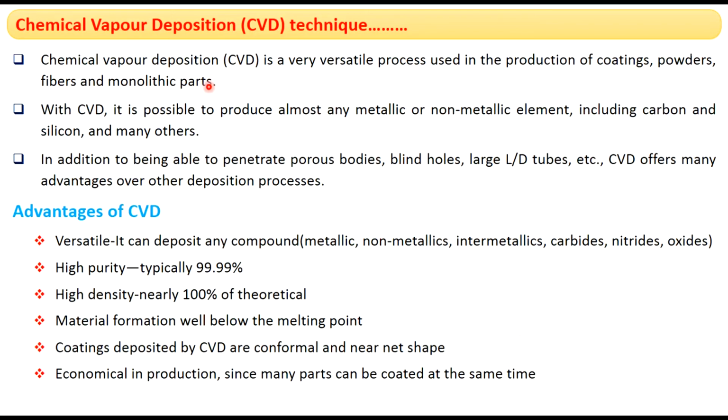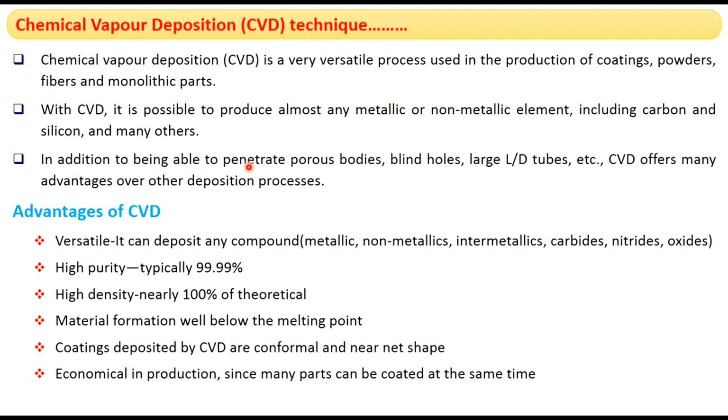CVD, chemical vapor deposition technique, is a very versatile technique, and it is used for producing coatings, powders, fibers, and monolithic parts. And using this technique, it is possible to produce almost any type of deposit. Metallic deposit or non-metallic element can be deposited, like carbon, silicon, and many others can also be deposited.